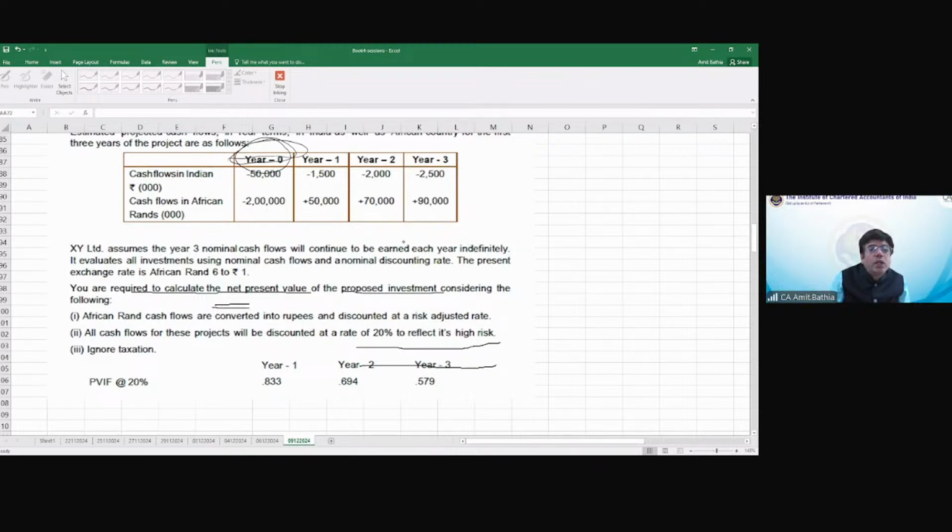XY Limited assumes the year 3 nominal cash flows will continue to be earned each year indefinitely. So here my constant growth formula will come into picture.